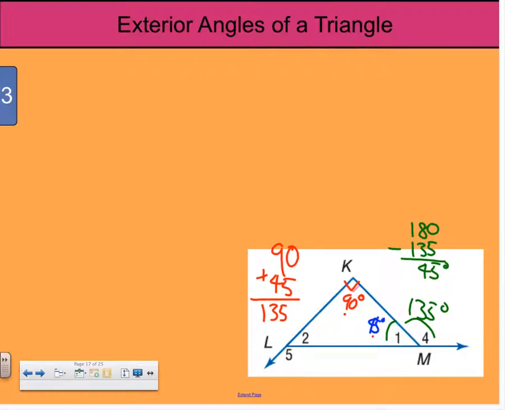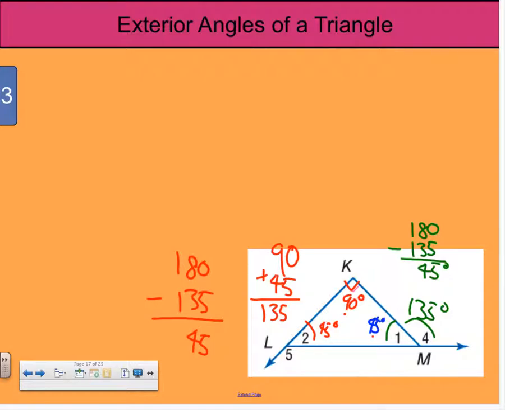Now I know that all the interior angles of a triangle add up to 180. So if I take 180 and subtract the 135, I know that angle 2 is in fact 45 degrees as well, which does make sense in this case. So that would be the first method: knowing that the exterior angle and its adjacent angle add up to 180 degrees, we can figure out what the adjacent interior angle is and then go from there.